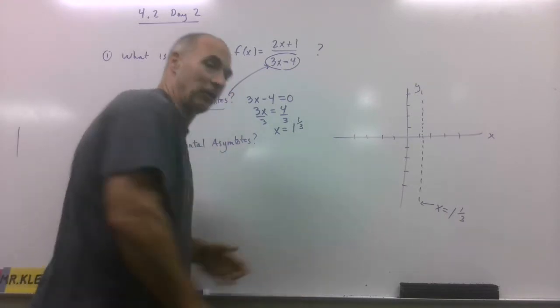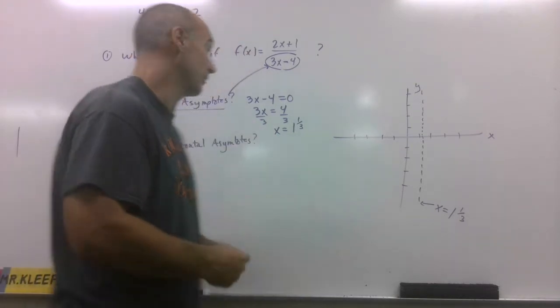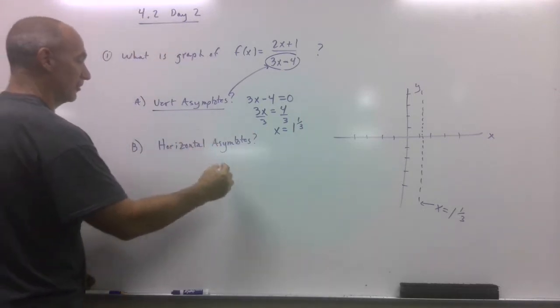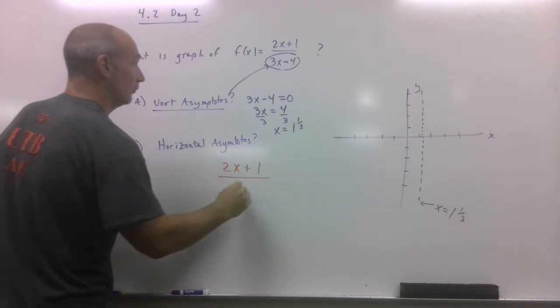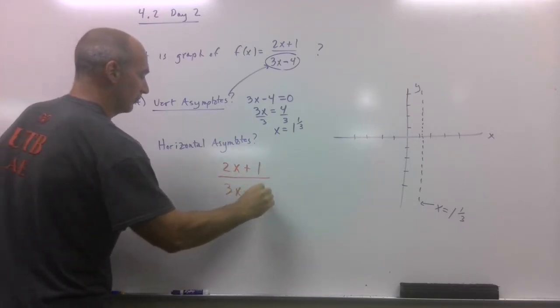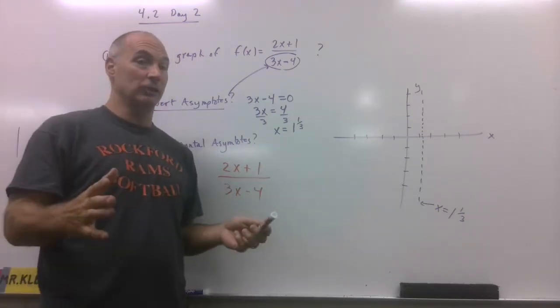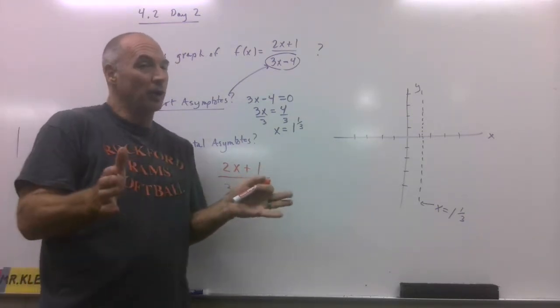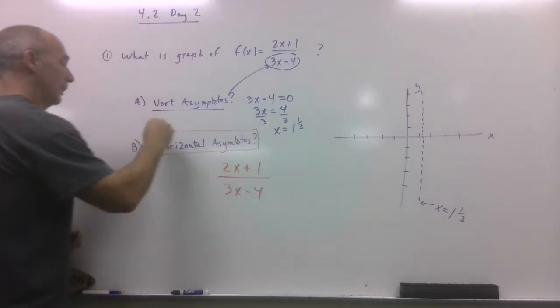Now here comes something awfully strange. I'm not going to bore you with a ton of putting stuff in a calculator. But for the first time, I want you to think about (2x plus 1) all over (3x minus 4). Not very often in math will you ever be allowed to do this, but all of a sudden they kind of opened a door up to it. They want you to get close on the vertical asymptote.